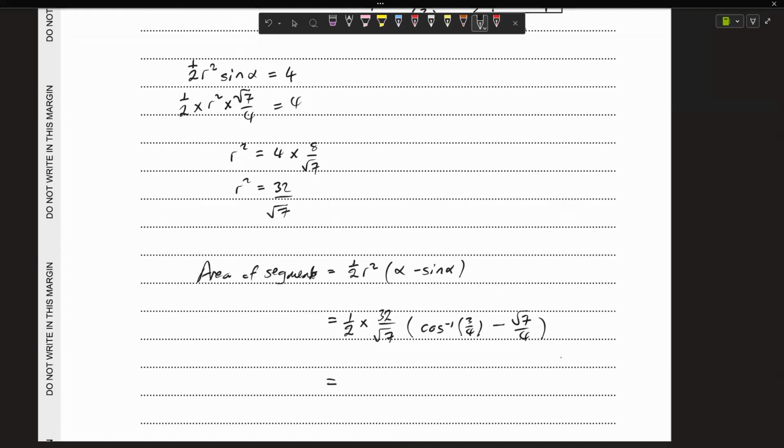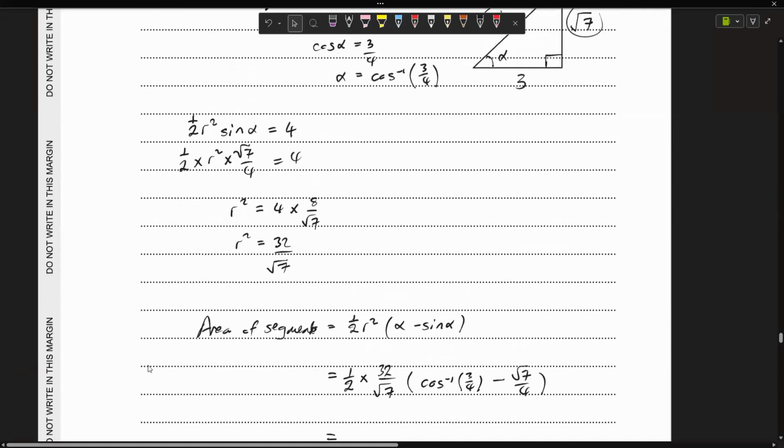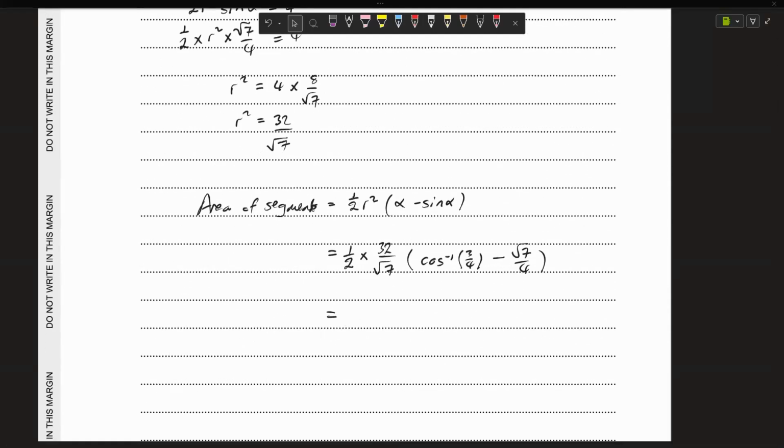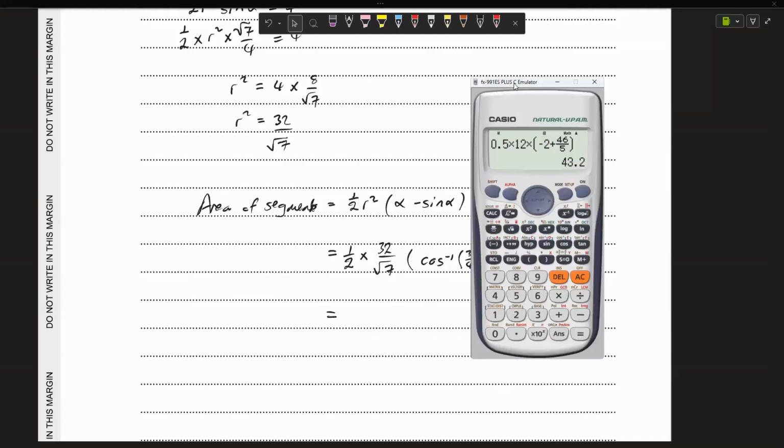Right, so let's do the calculation. I think everything is now in place. Let me just use my calculator so that everything is quick and fast.